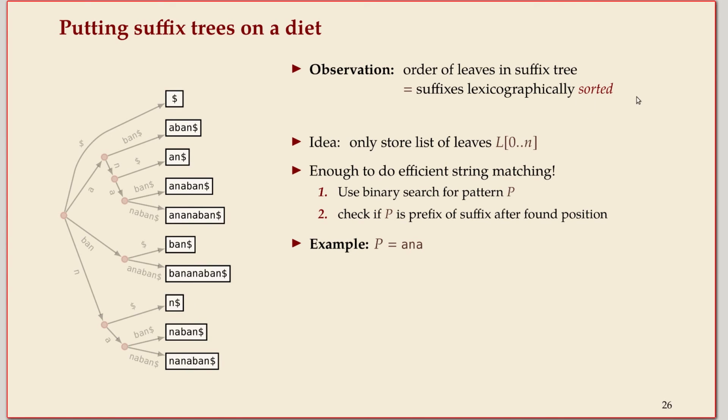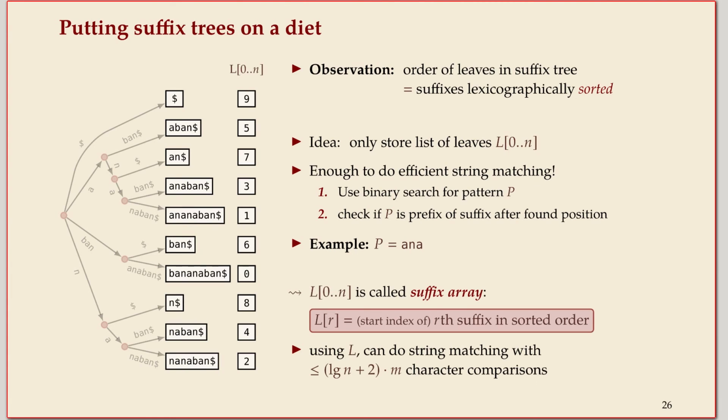They are sorted. And then the suffix array was exactly just storing only the order of the leaves in the order they appear in the suffix tree. And here if you draw this tree in the normal way, this would be left to right. This would be the suffix array.